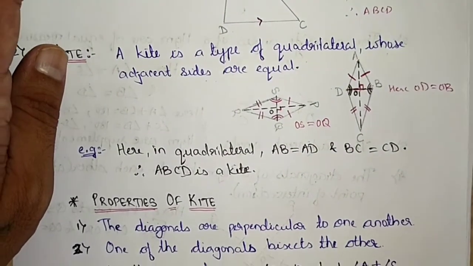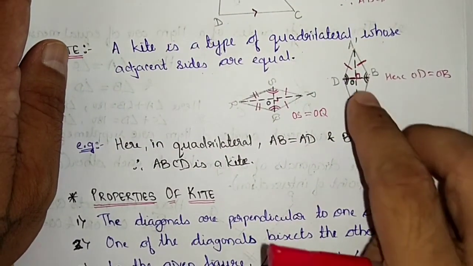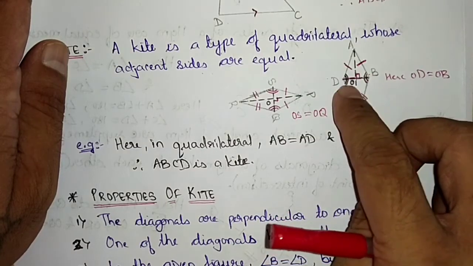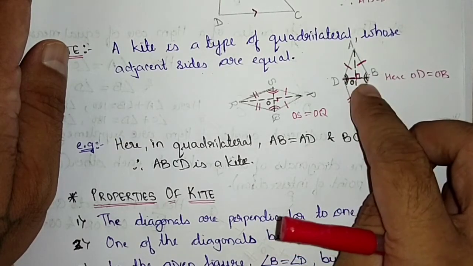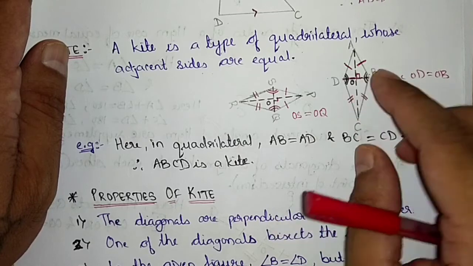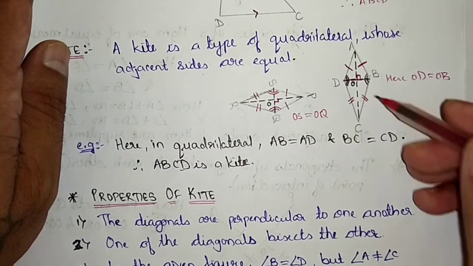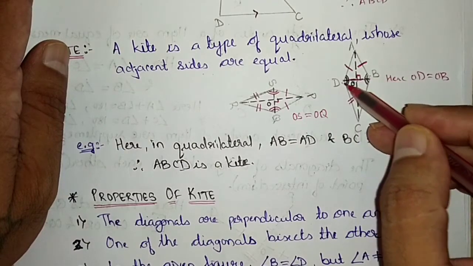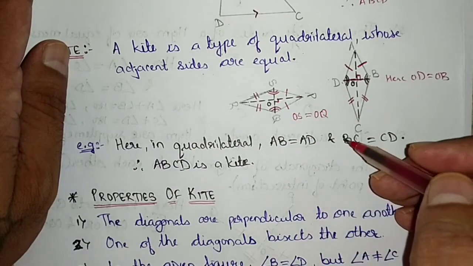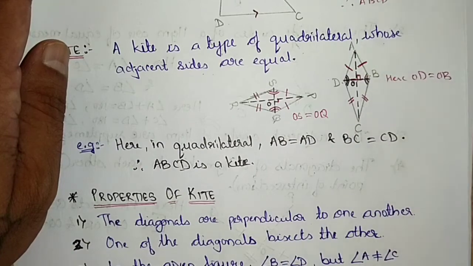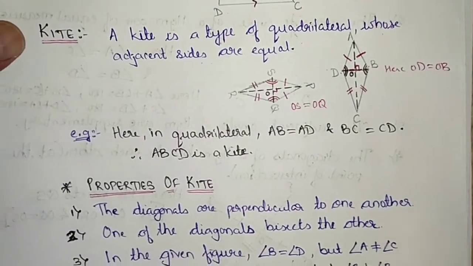What does this mean? This means that one pair of opposite angles is equal in measure, while the other pair is not equal in measure. Here B and D are equal, Q and S are equal, but not A and C. Hope you have understood this property.